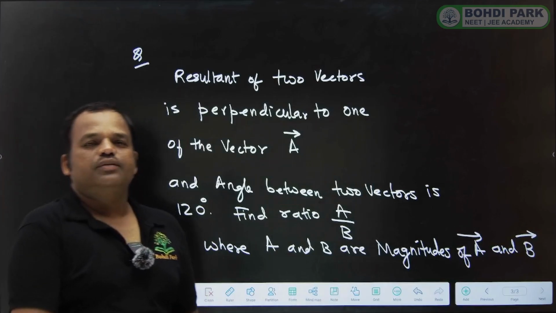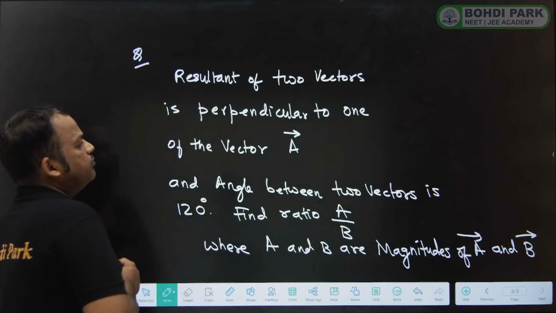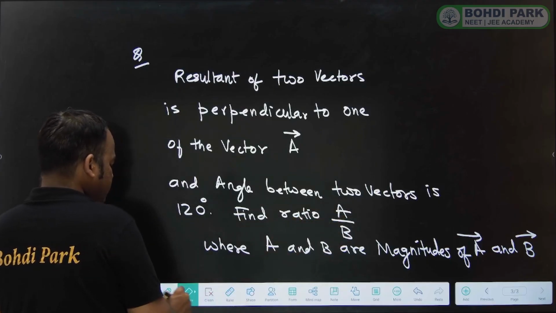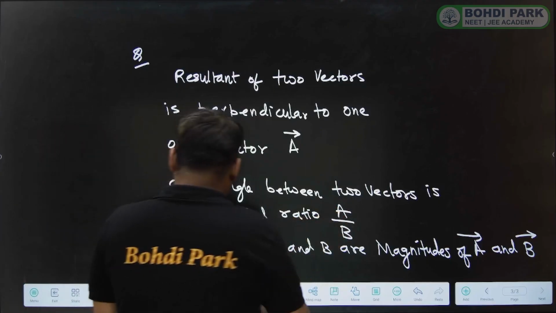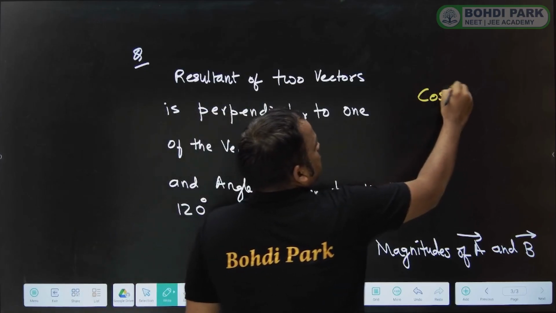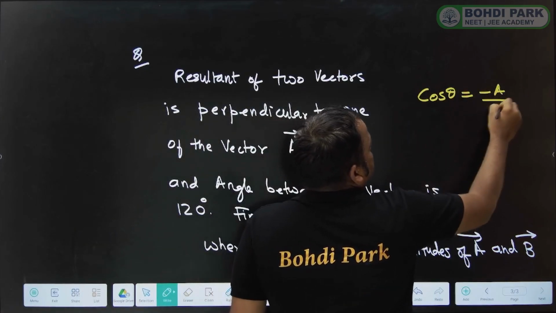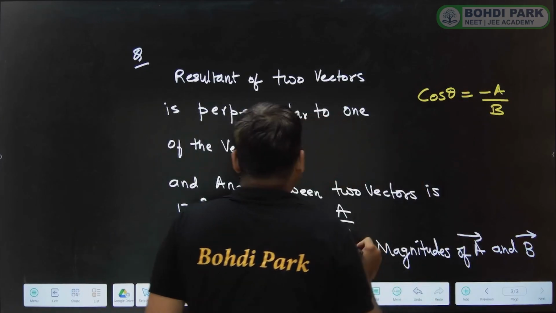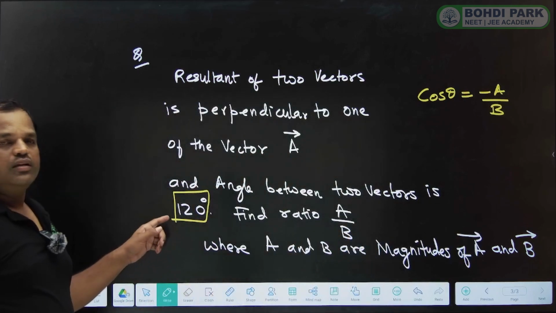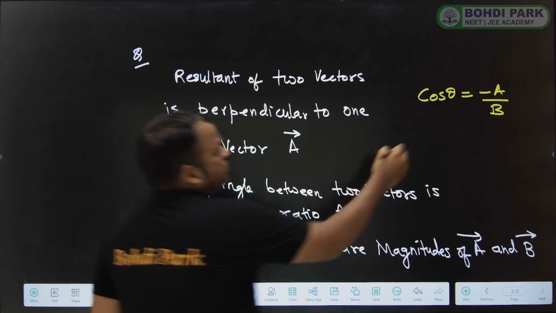So now in this question we will use the shortcut formula. We just have to find a by b ratio. So we have a formula for this. Cos theta is equal to minus a by b, and the theta given over here is 120 degree.